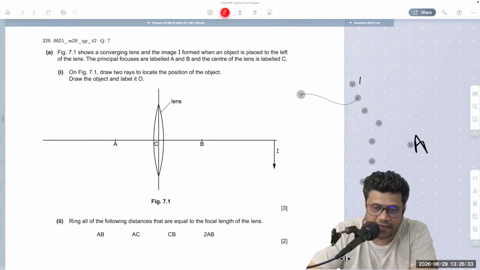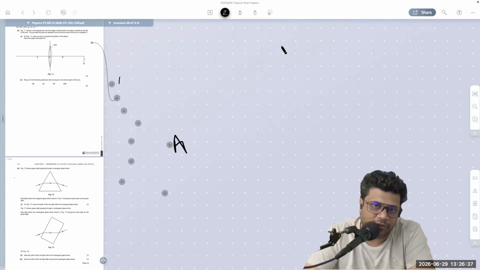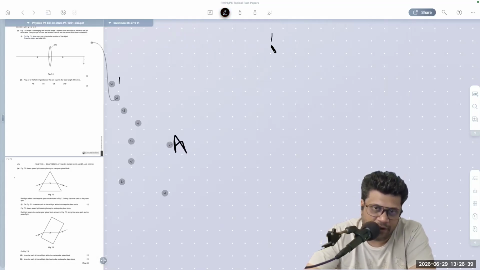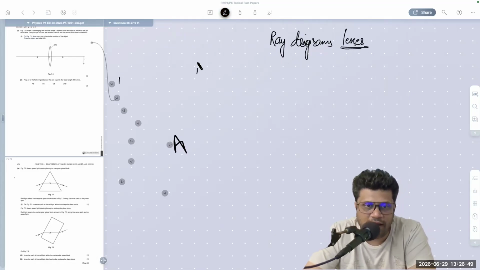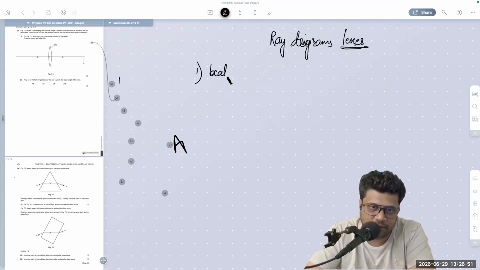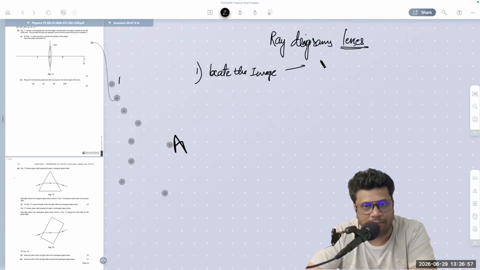So now there it is, another kind of question. I've been telling you of all the questions that can be asked from ray diagrams in lenses. One is to locate the image. In there, the object can be beyond 2f.